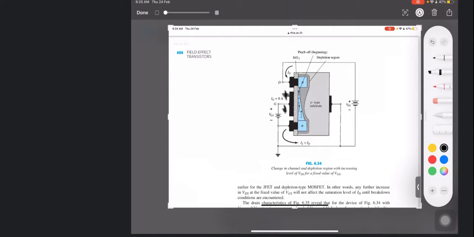जैसे अभी अप्लाई किया हुआ ना, this one is positive. So there must be attraction of the electrons. जो VDG है, that means VDS minus VGS.